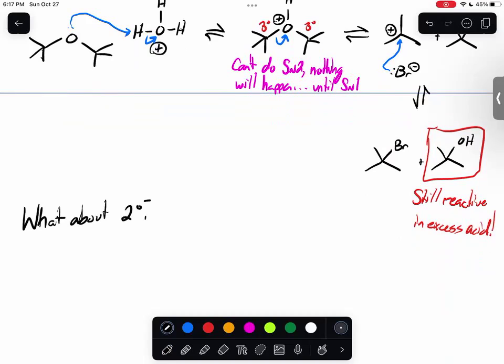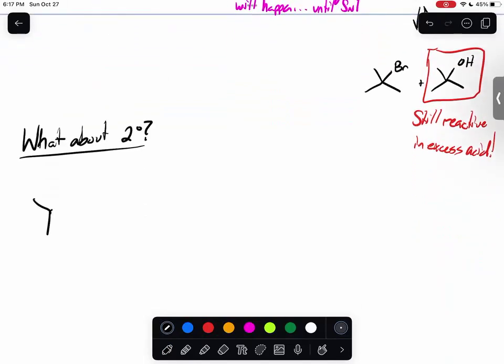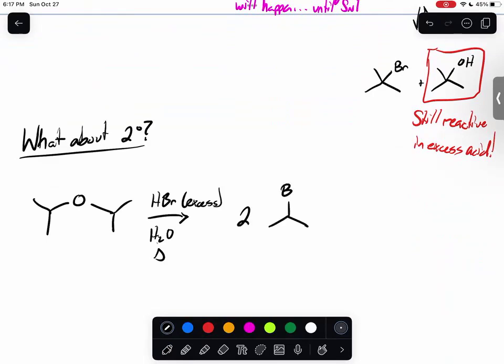Well, this question's actually a really good one because the answer is nobody really knows, right? You only know after you do the experiment for it. Because let's say we tossed in this diisopropyl ether with some HBr excess and H2O and heat. It does still make two of the secondary alkyl bromides, but it could be SN2 or SN1.